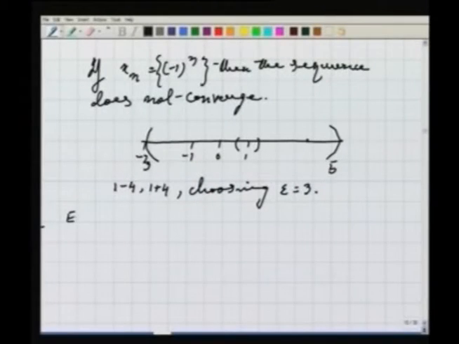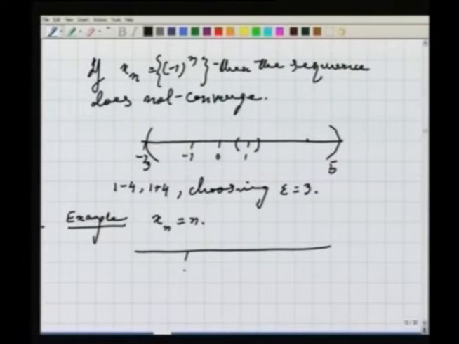Well, let us look at another example. Consider the sequence x_n equals n. Does this sequence converge? Well, if it has to converge to some real number r, the whole picture of the real line looks like this and goes on.